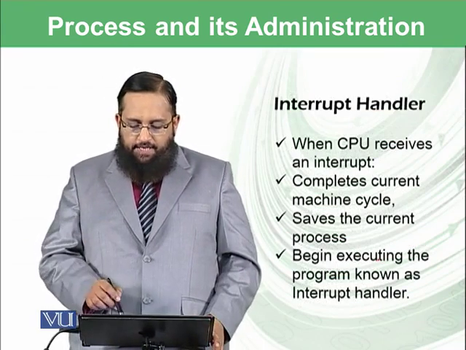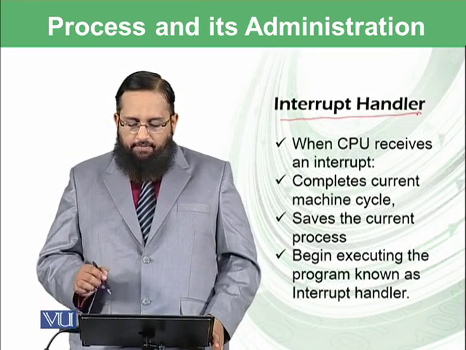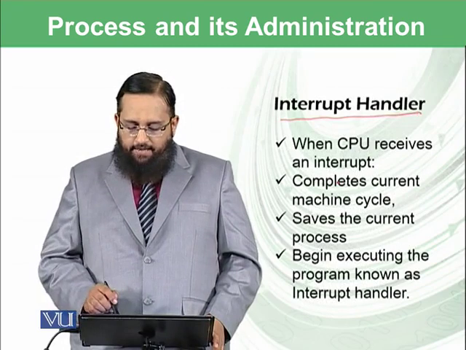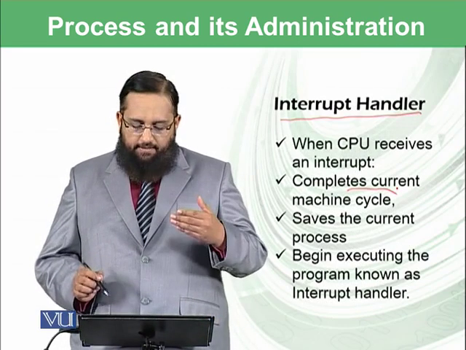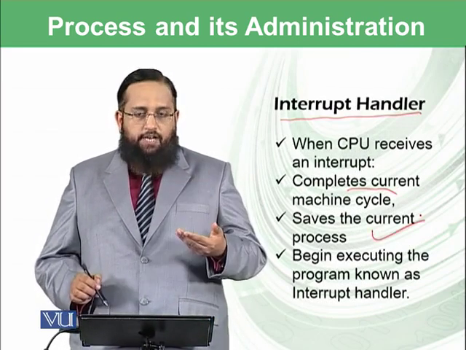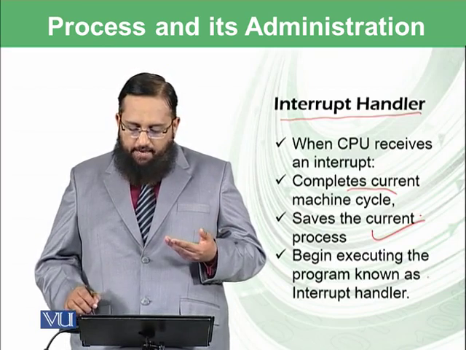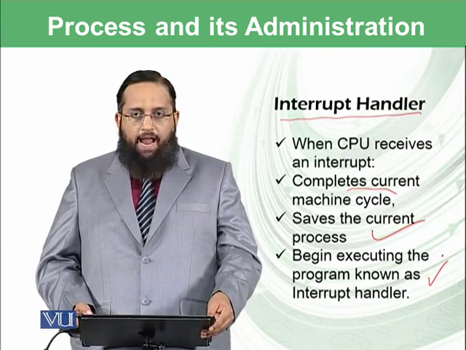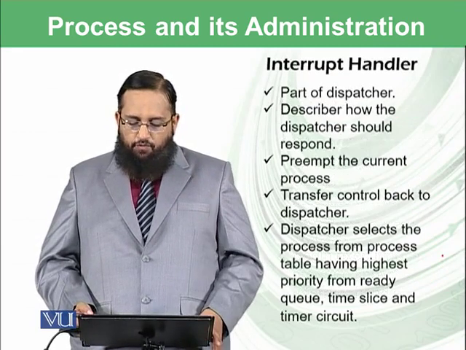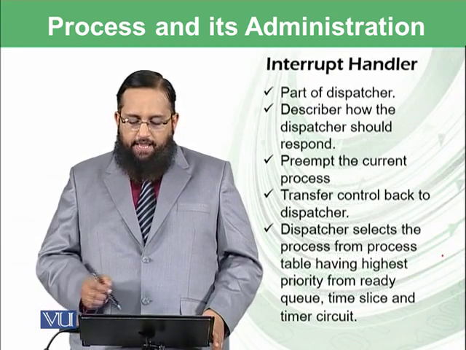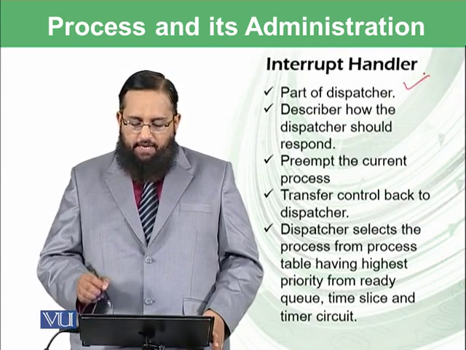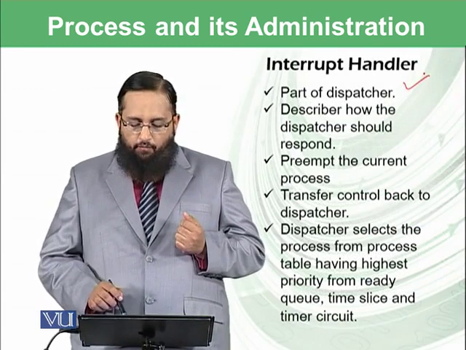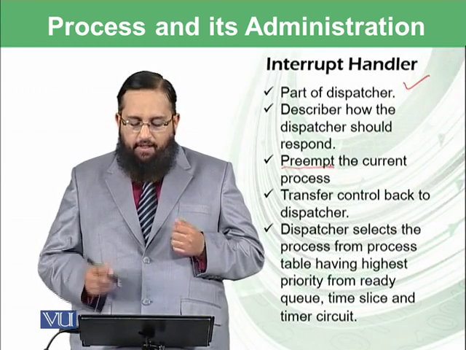This interrupt is handled by the interrupt handler. When the CPU receives an interrupt, it completes the current machine cycle, saves the current process state, which we have discussed, and then begins executing the interrupt handler. The interrupt handler is basically part of the dispatcher. It describes how the dispatcher should respond. One thing is that it preempts the current process.